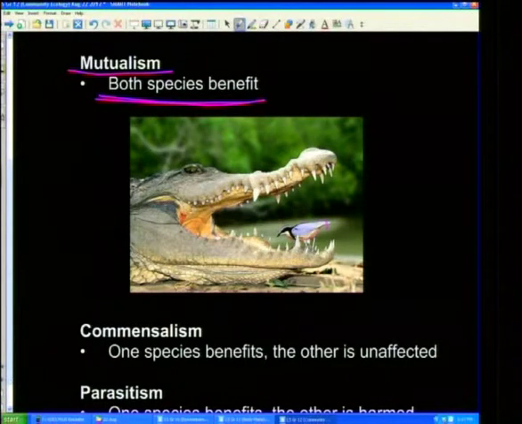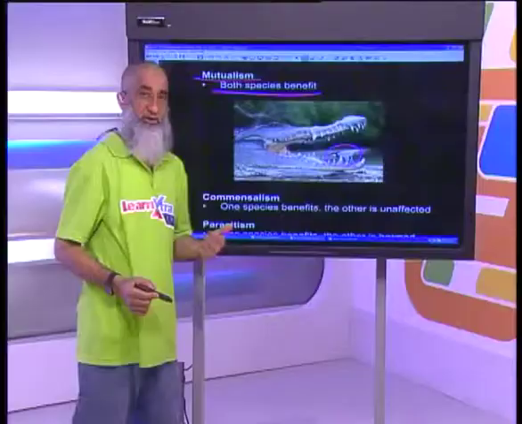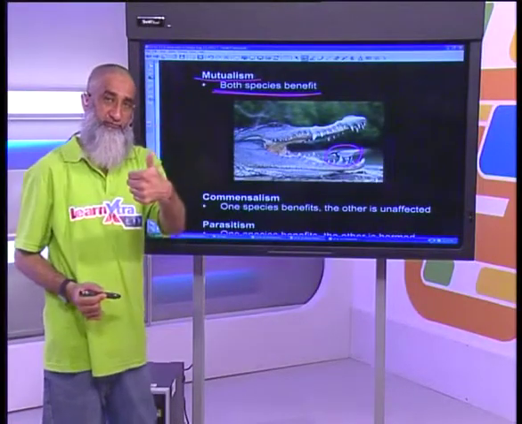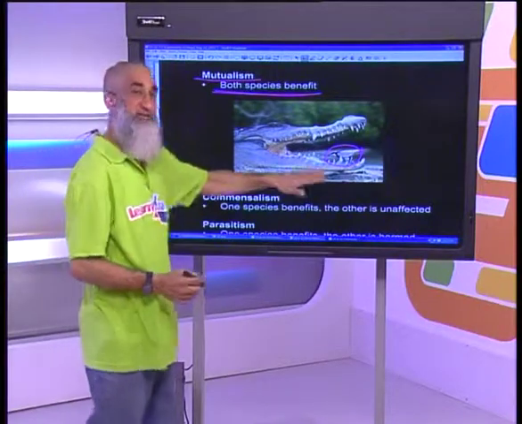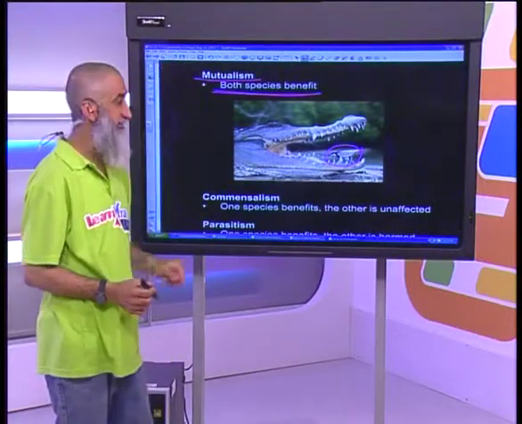This little bird is living closely with the crocodile. It does a toothpick job for the crocodile. In other words, it gets rid of all the debris between the teeth, and at the same time, the bird gets food, number one.